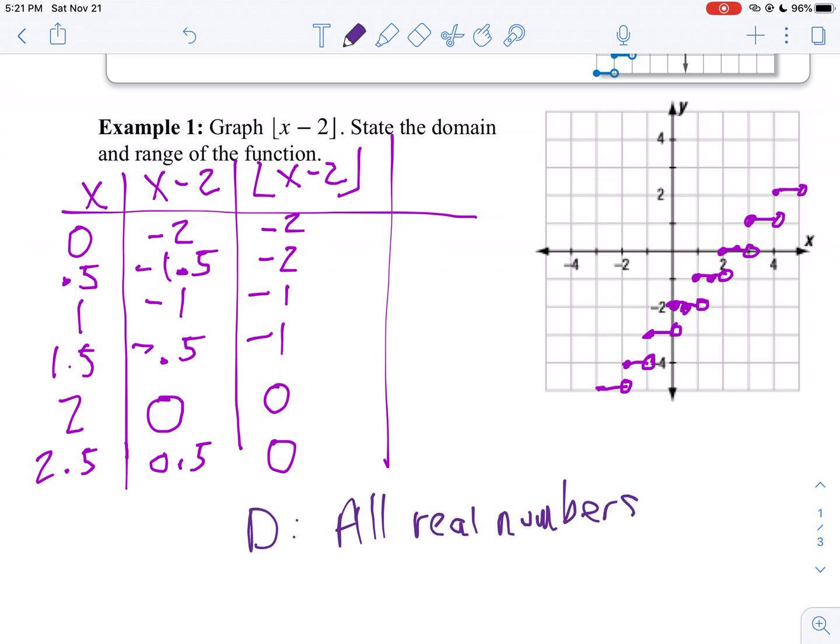My range is going to be a little bit different on this one because my range doesn't include any decimals, does it?